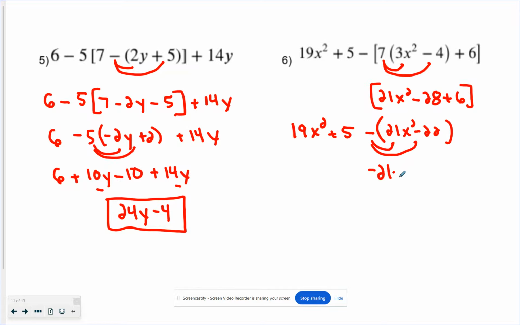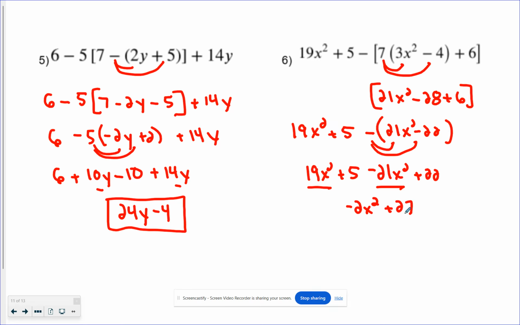So you got minus 21x squared plus 22. And so you got 19x squared plus 5. So you got 19x squared minus 21x squared, and you got negative 2x squared plus 27.